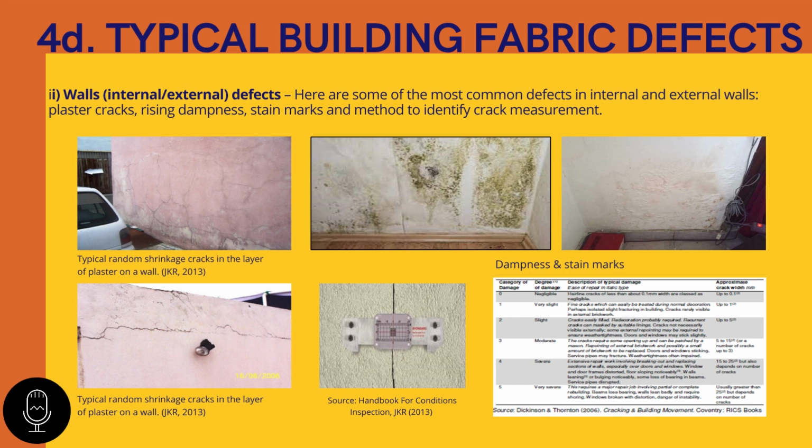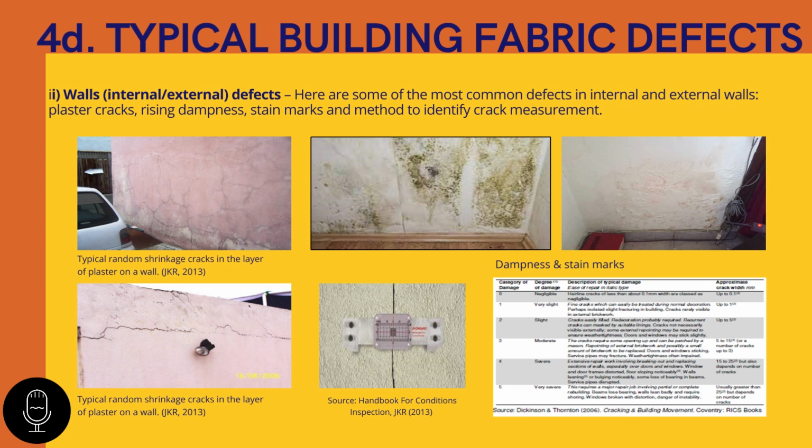For the next typical building fabric defects, we are focusing on wall elements, consisting of internal and external walls. Here are some of the most common defects in internal and external walls, for example plaster cracks, rising dampness, stain marks, and methods to identify crack measurement.